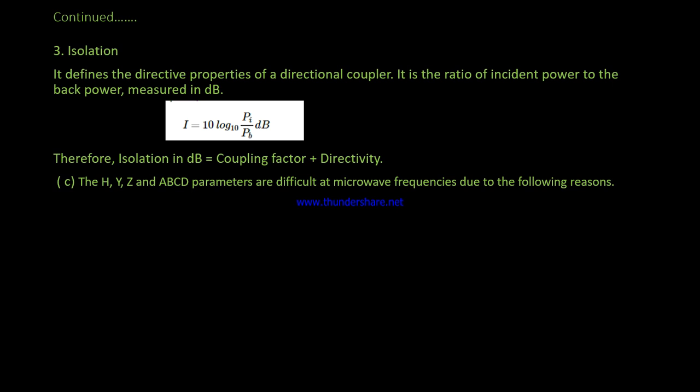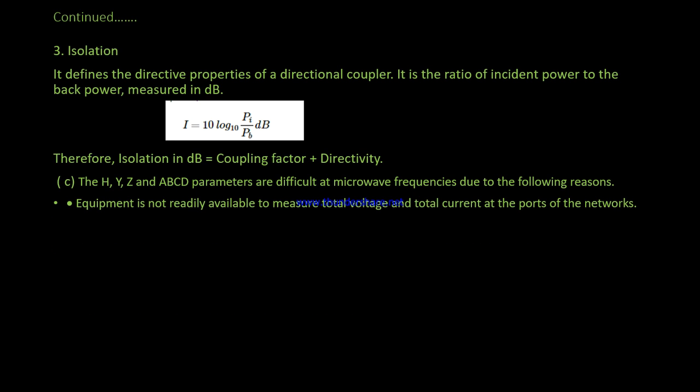Now, in the C part of the question, why are S parameters used in microwave networks? The hybrid parameters, the admittance parameters and the impedance parameters together with the ABCD parameters are difficult at microwave frequencies due to the following reasons. Number 1, the equipment is not readily available to measure total voltage and the total current at the points of the networks.